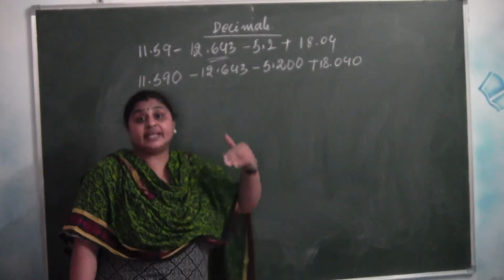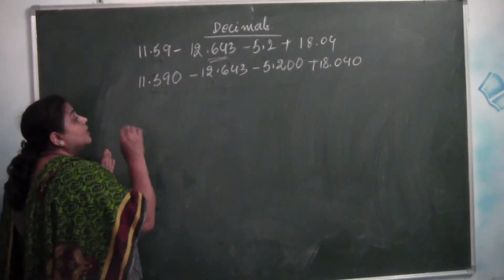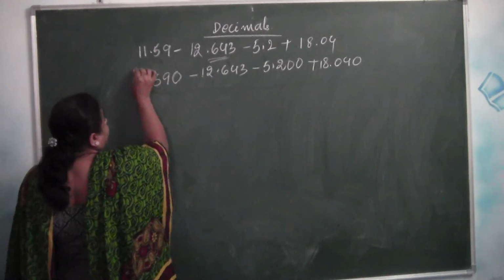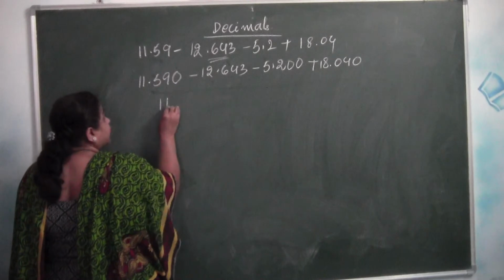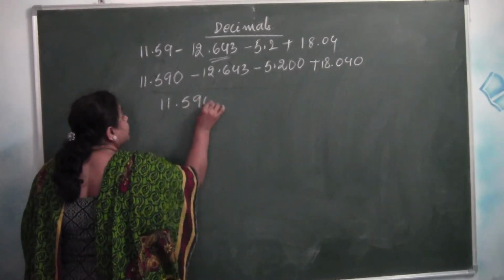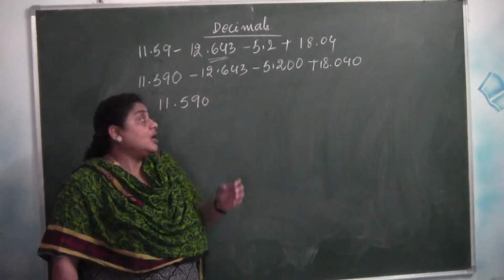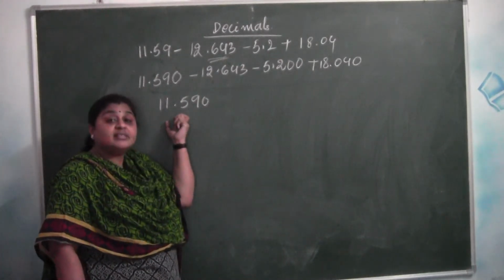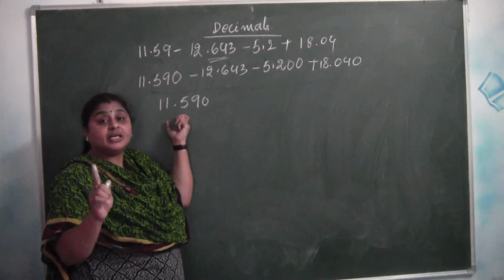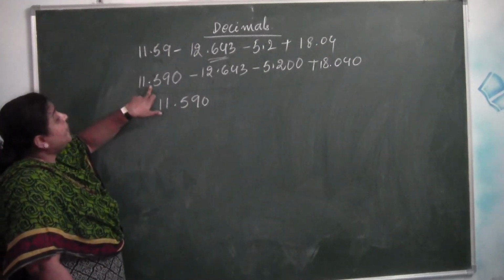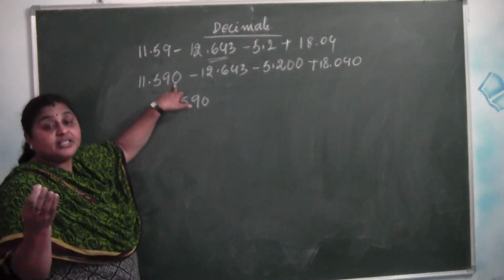Now next, the second step. What are we going to do? We are going to group. First, we are going to add the decimals that have the plus sign. 11.590, for this there is no sign.